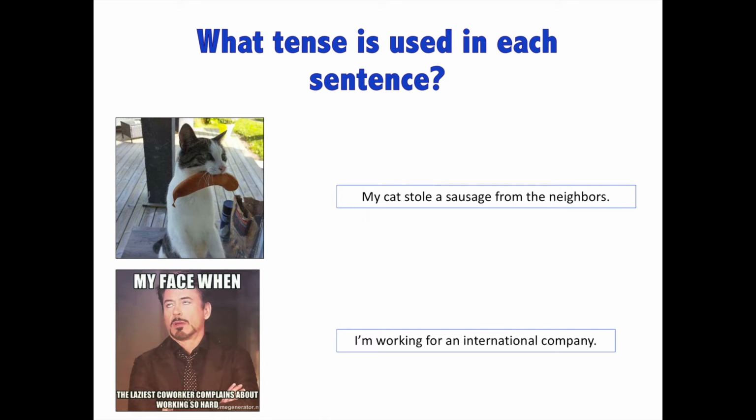The second sentence on the page is I am working for an international company. What's the verb here? Here we have two parts, right? Am working. So what tense is that?